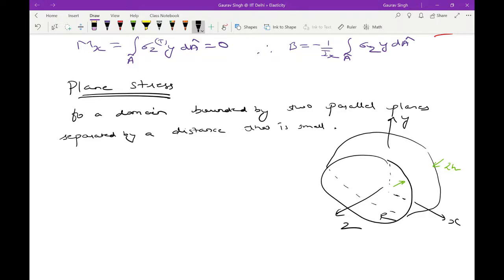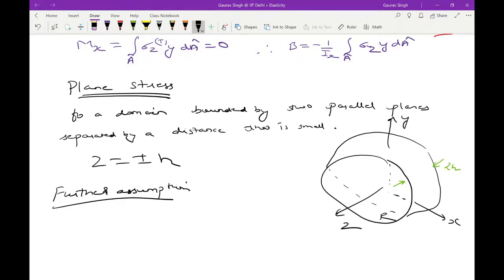Okay, now let's see what it has with us. So the planes are obviously z equal to plus minus h, parallel planes. So there is a further assumption, just like the assumption was that u and v will be a function of x, y, and w will be 0 in the previous case.